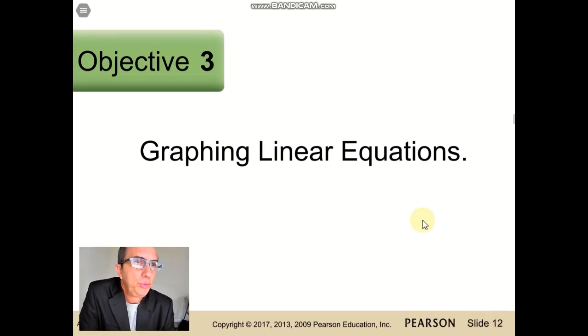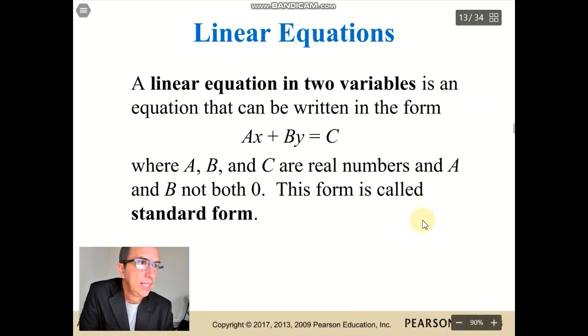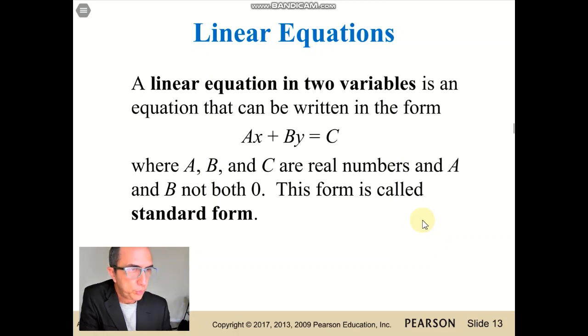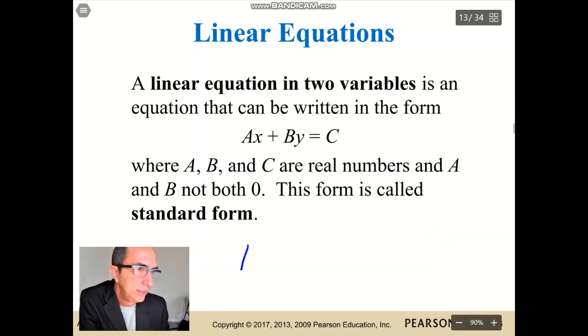Now let's move to the third objective, which is graphing linear equations. A linear equation in two variables is an equation that can be written in this form, and a is a real number, x is the variable, plus b is another real number and y is the variable.